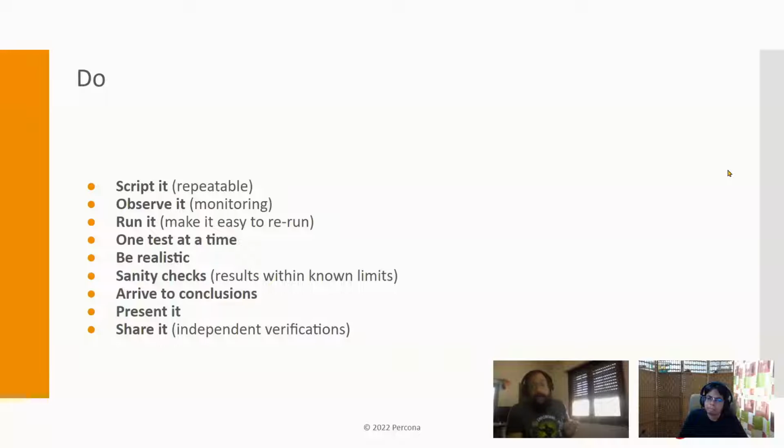So monitoring with something like PMM, or SAR, or anything you have that will collect metrics about the OS performance. This is the resources, and it will also collect metrics about the software.